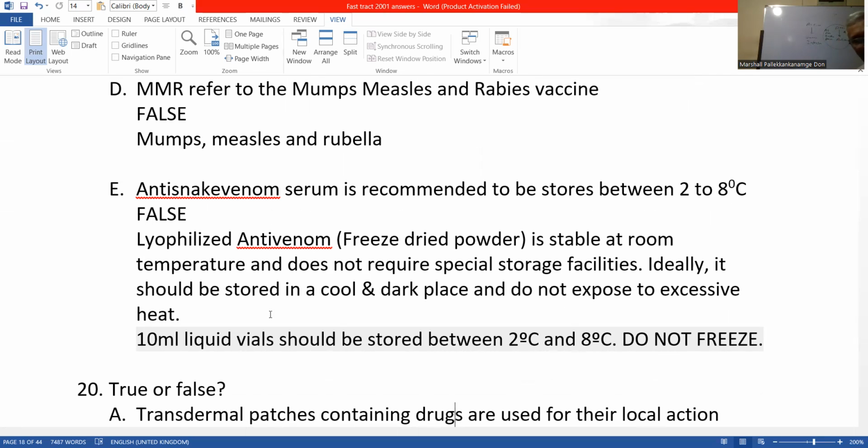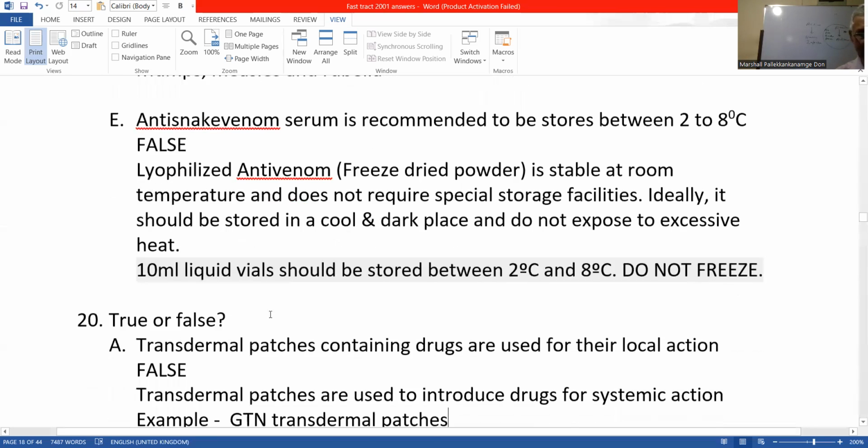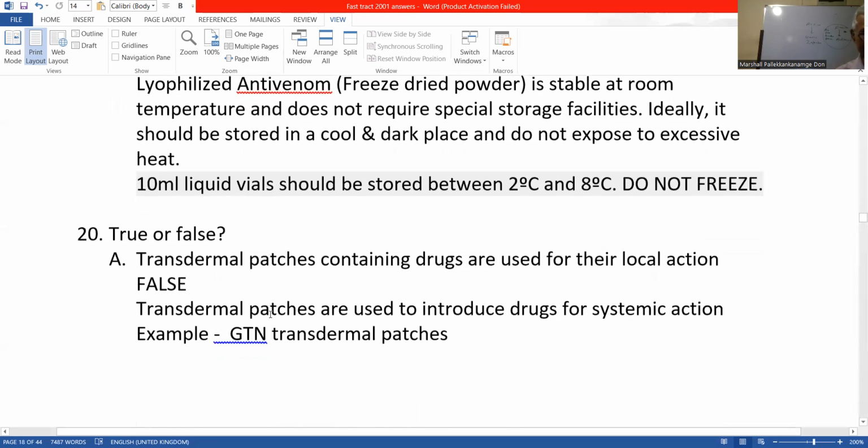That is called lyophilization. Freeze-dried powders can be kept at room temperature. So they take the powder and also the diluent for the injection, if there is a snake bite. Even in hospitals, the same thing is done. It is never frozen.